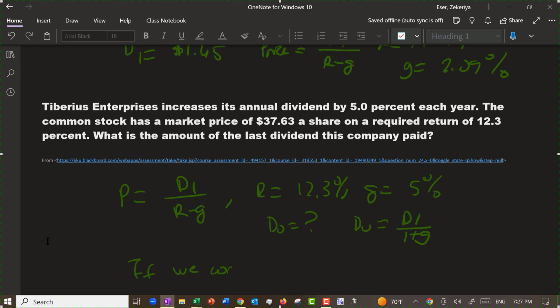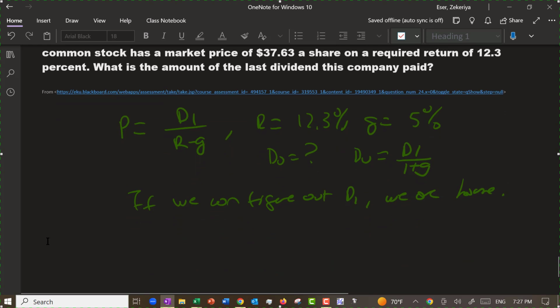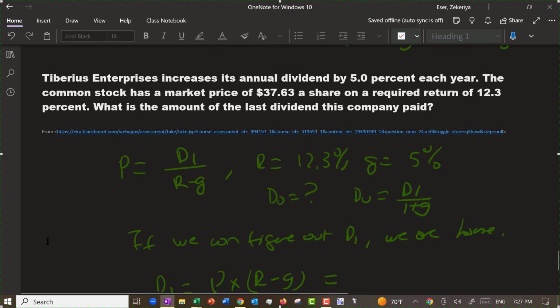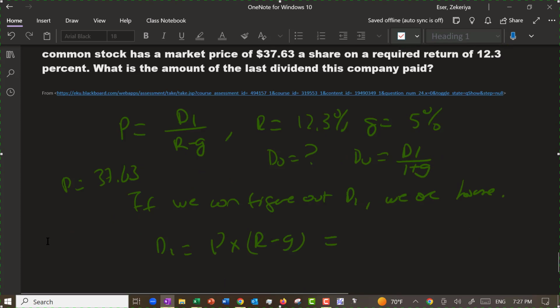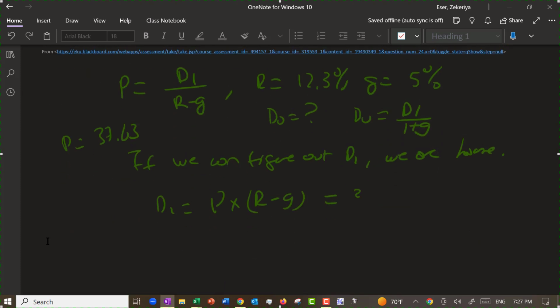So D1 is price times R minus G. You can figure that out yourself. I'm not going to do the arithmetic for you.